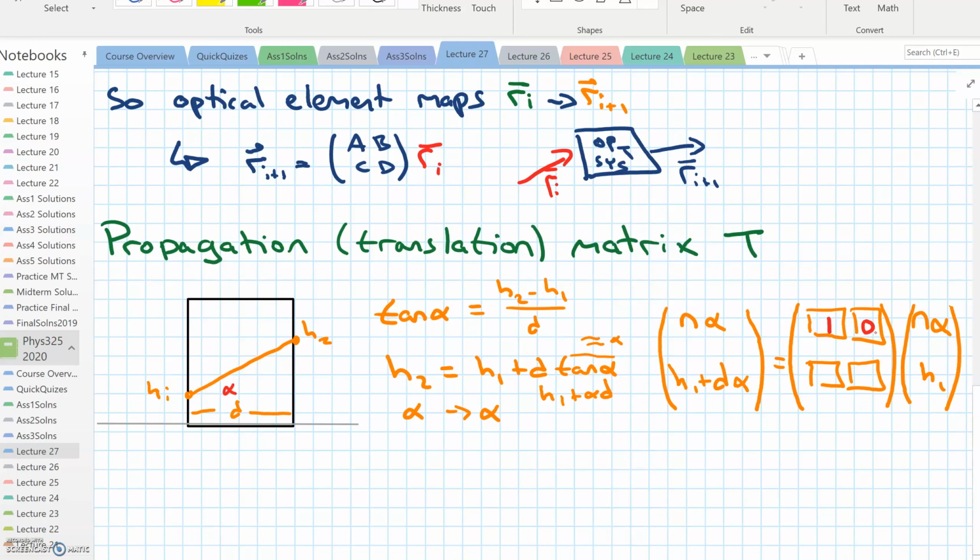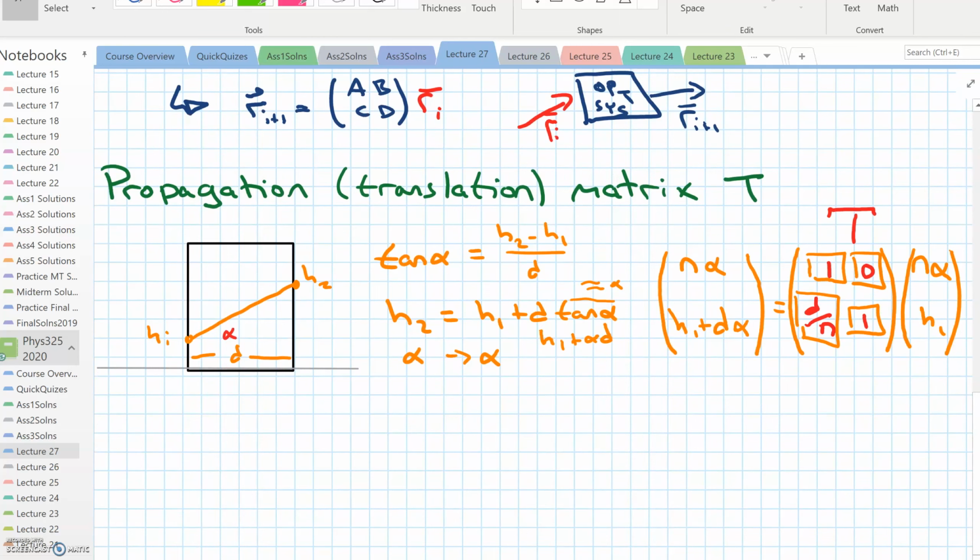Well, we see that we do have an alpha, so we'd like to multiply this term here by something such that we get d alpha plus h1. So just brute forcing it, really. We'll set this to d over n. And that also will get added to this element times h1. And we'll just see that that should be a 1. So this here is our translation matrix. That's T.